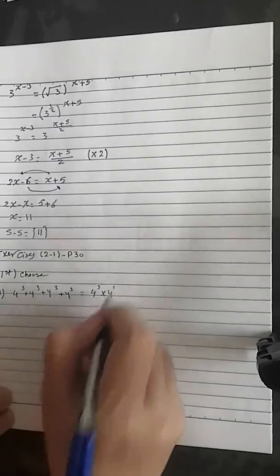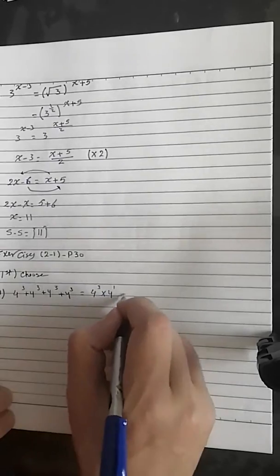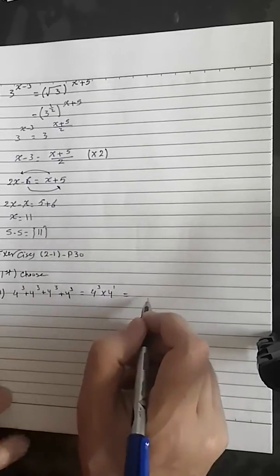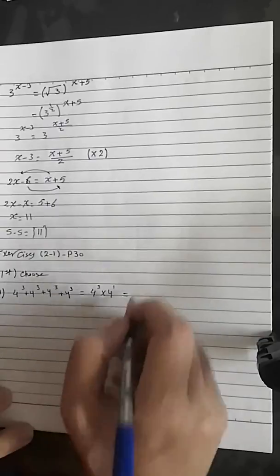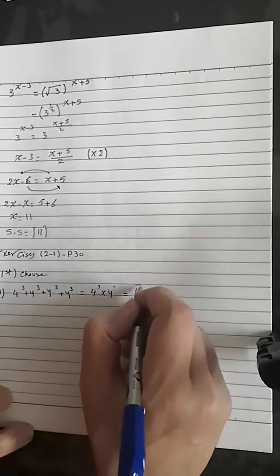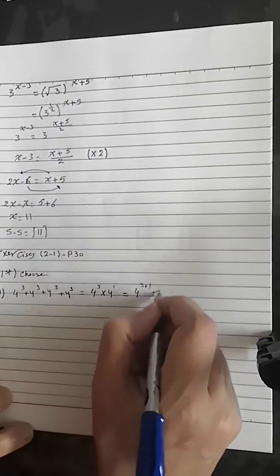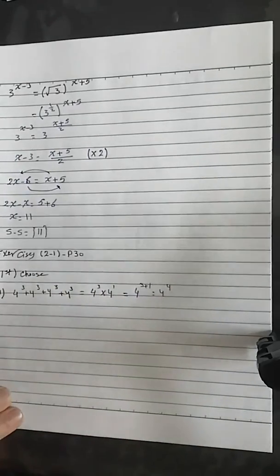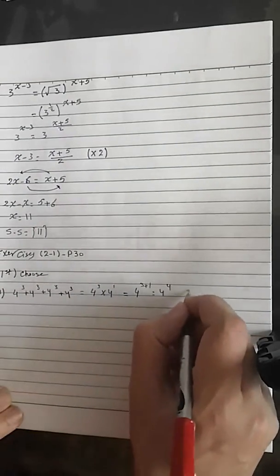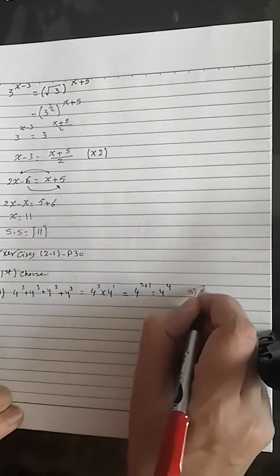Of course, this 4 is to the power of 1. So it's multiplication now. In multiplication, if the base is the same, I add the powers. So it will be 4 to the power of 3 plus 1, equal to 4 to the power of 4. The answer is letter B, 4 to the power of 4.